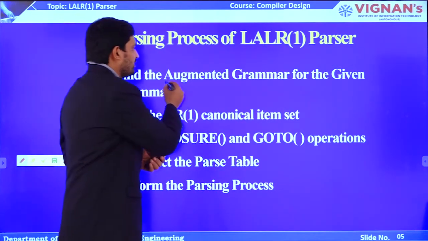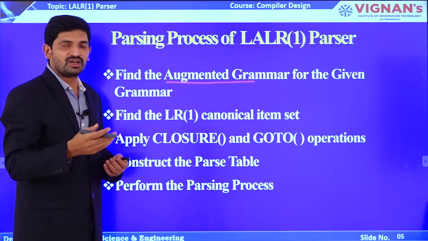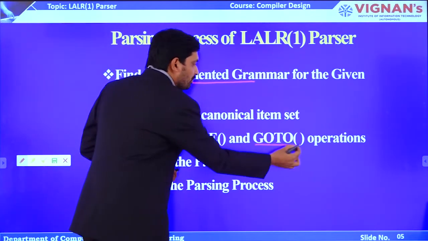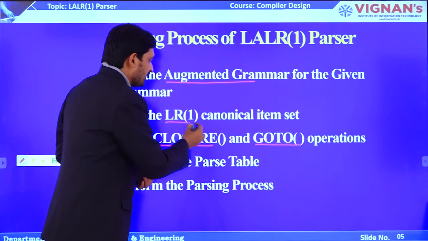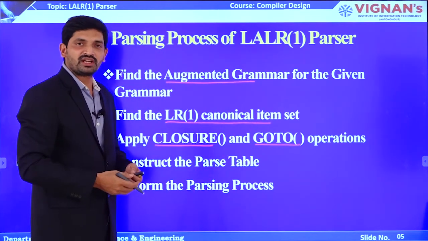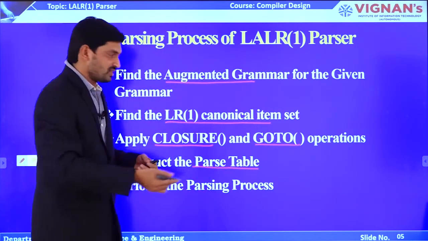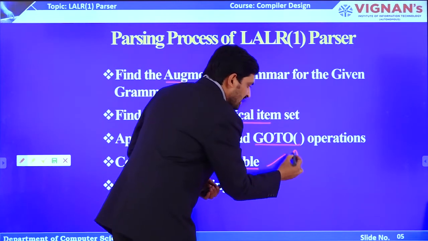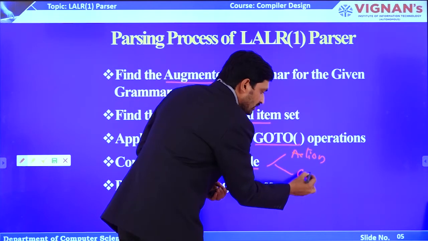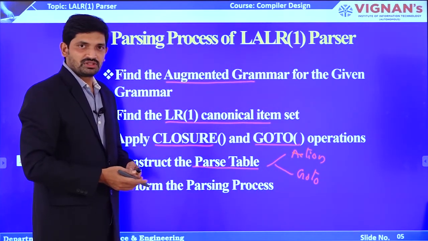So we are going to find the augmented grammar by adding the augmented production to the given grammar, and by using the closure and goto operations, we are going to construct the LR(1) canonical item set. And by using this LR(1) canonical item set, we are going to construct the parse table, which consists of two parts named the action part and the goto part, where the action part consists only of the terminal symbols and the goto part consists of the non-terminal symbols.